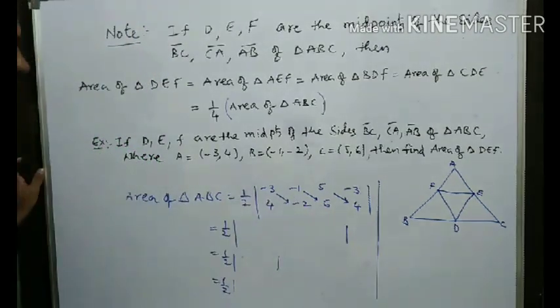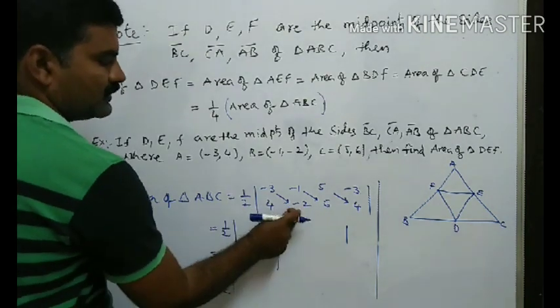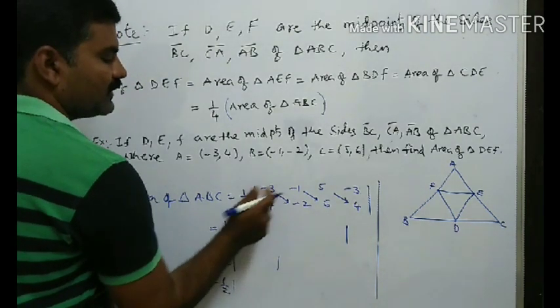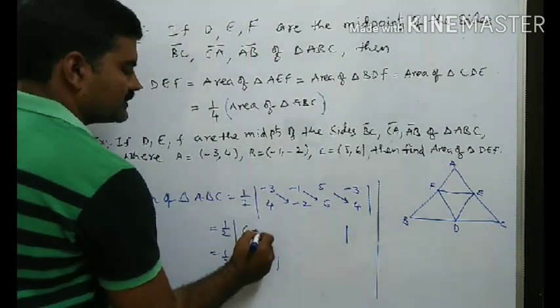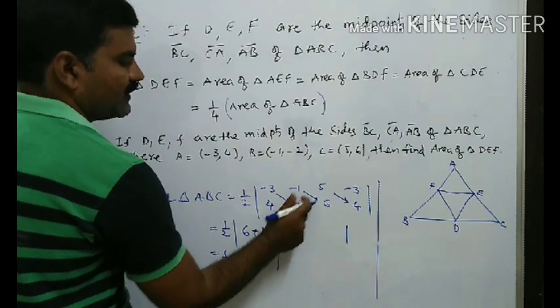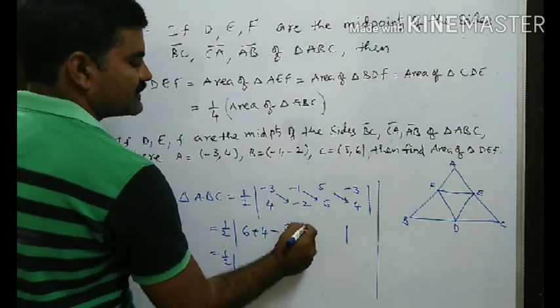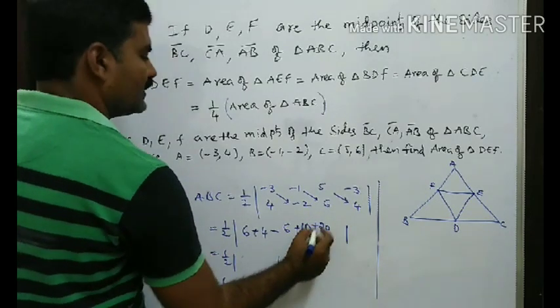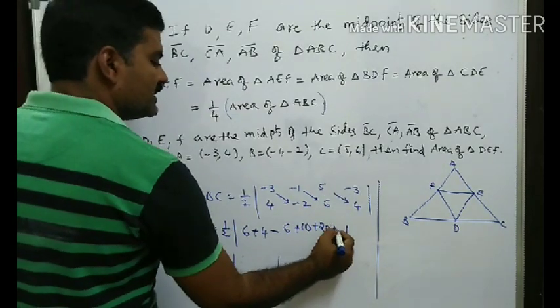Hope you are all good at finding the area of triangle ABC. Now multiplication, which is 6, and minus of -4, which is +4. -1 into 6 is -6, and once again this is minus of minus, +10. 5 into 4 is +20, and this is +18.